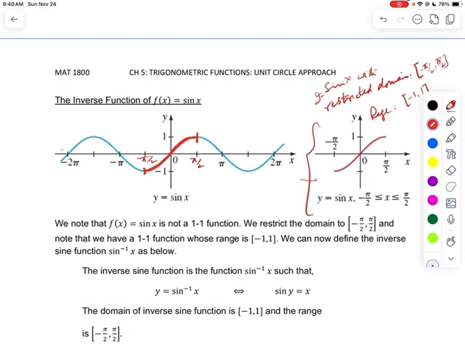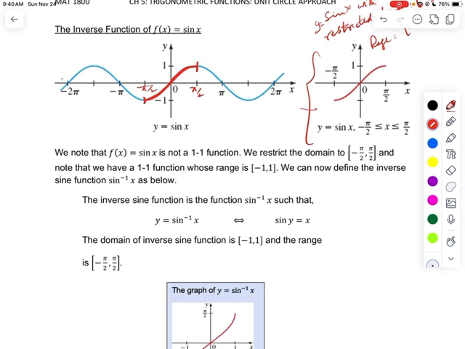This value is -pi/2, and this is pi/2. So the domain is -pi/2 to pi/2, and the range is -1 to 1. This is also what we wanted, taking on the full range of values of sine. Remember, the range of the sine function is -1 to 1.